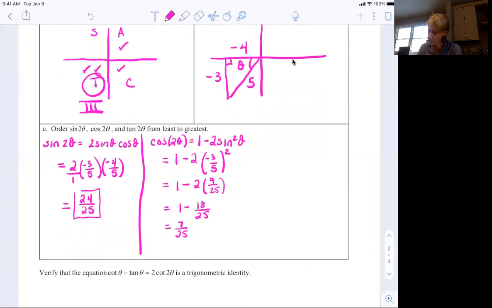So far I got my sine, my cosine, and the last is my tangent.